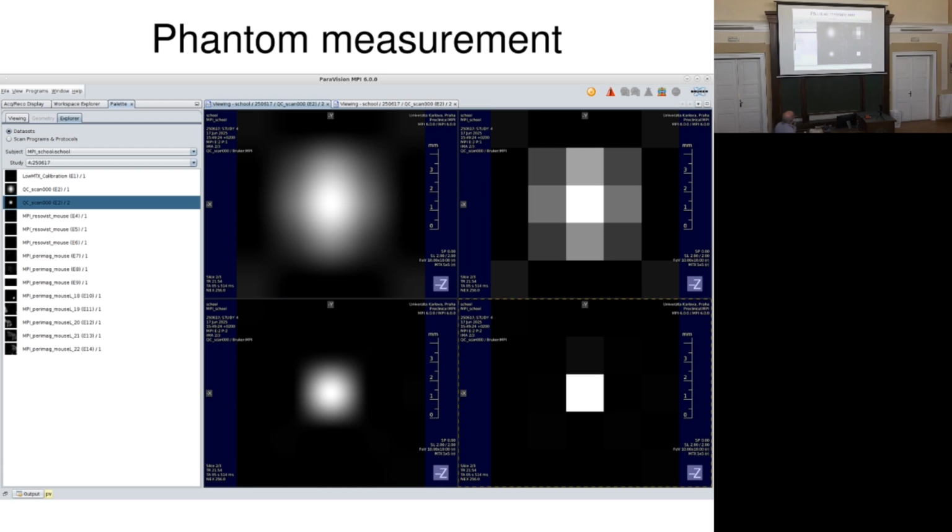We had a sample which was 2 millimeters. We measured a system matrix, 5 times 5 with 2 millimeter resolution, put the sample into the center, and measured the image, and we should have received just one bright pixel there. But what we saw was dispersion of the data around.